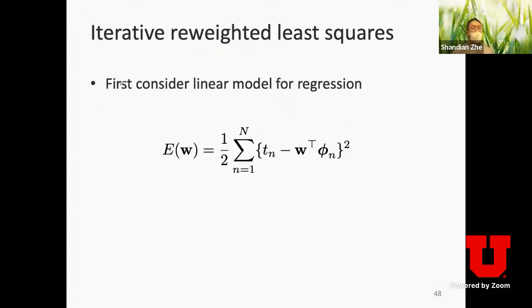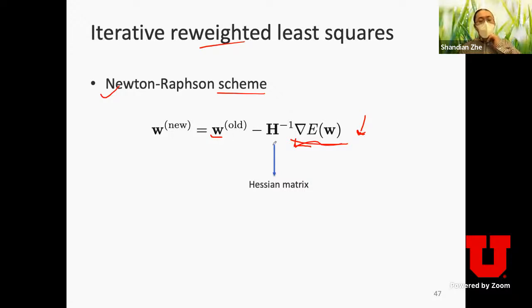Let us illustrate how we obtain this Hessian matrix and why it is called iterative reweighted least squares. We can first apply this Newton-Raphson scheme to the linear regression case, and then move to logistic regression, and you'll see why it is called weighted least squares.